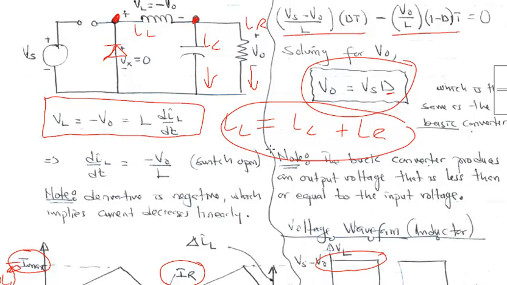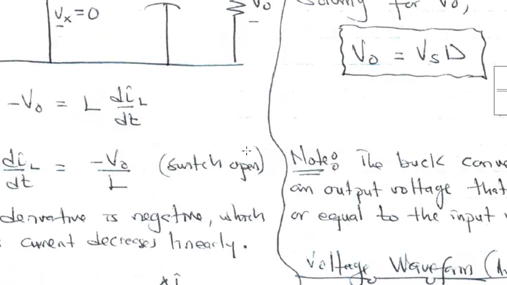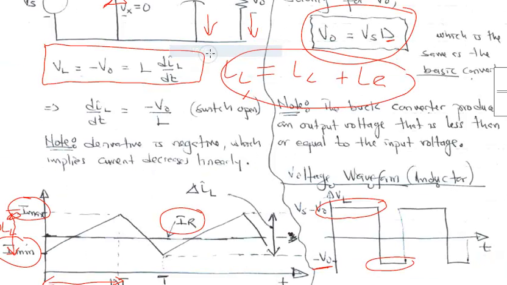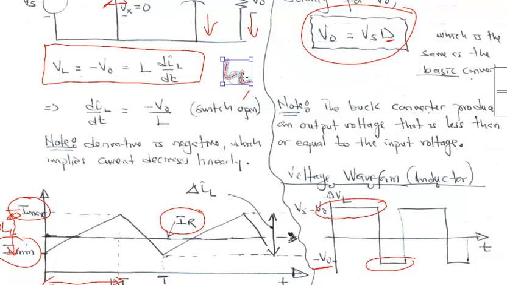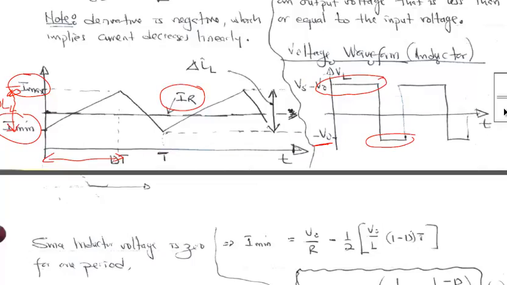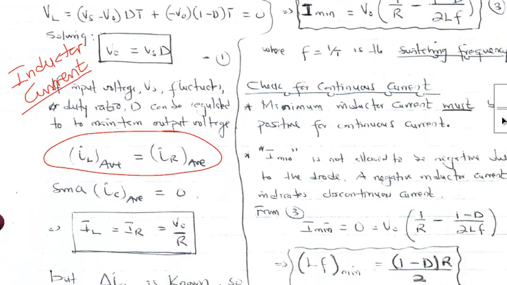So if we take this KCL and find the average current, then IL average should be equal to IC average plus IR average, but the average current through the capacitor is 0, which leaves us with only one equation: IL average should be equal to IR average. So that is what we had on the page before. Now we are going to go back to our page.